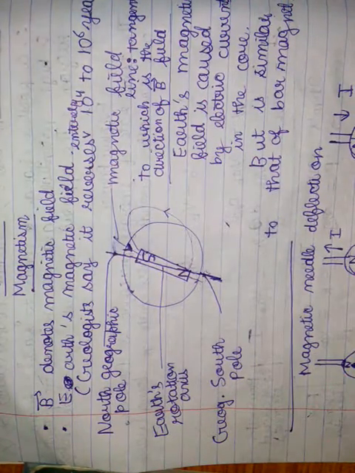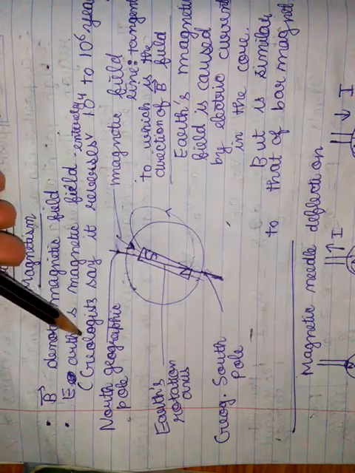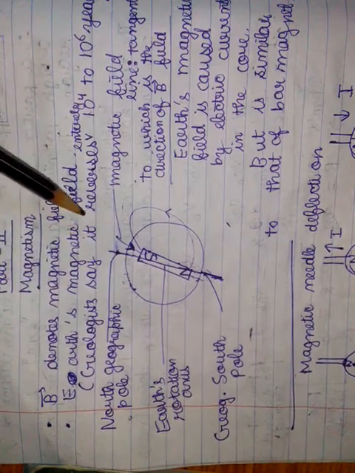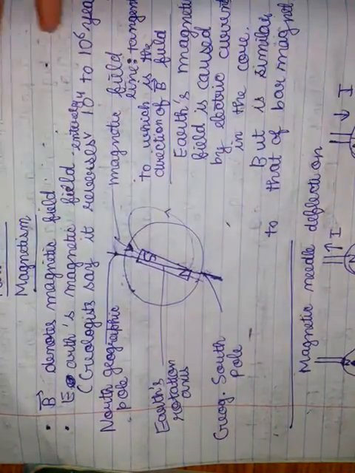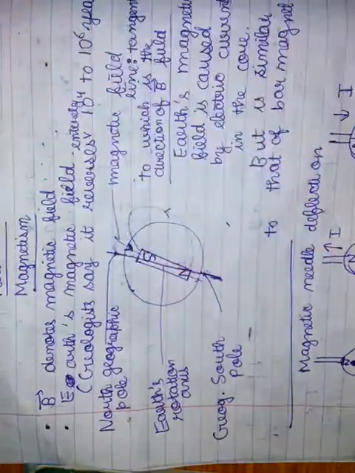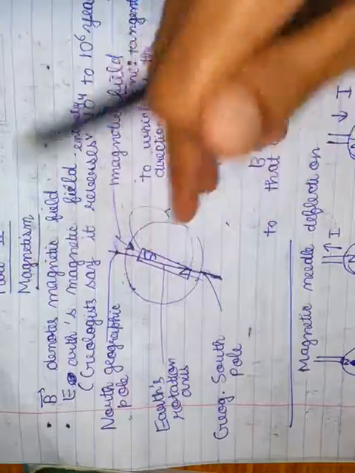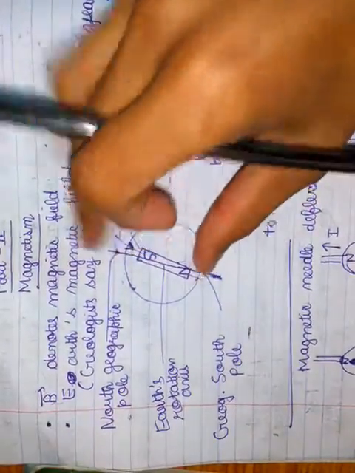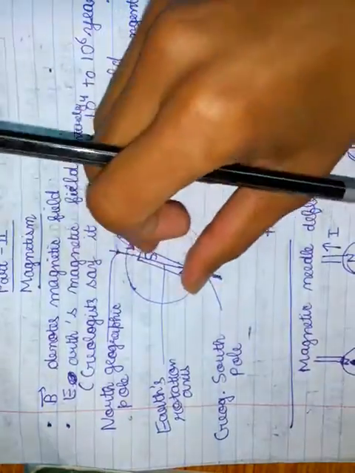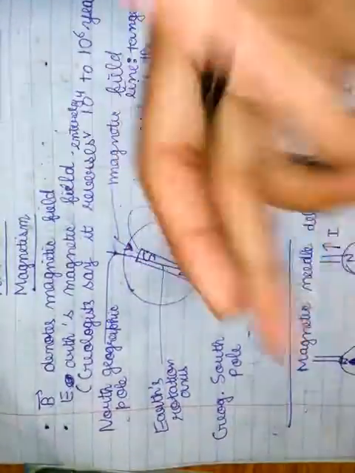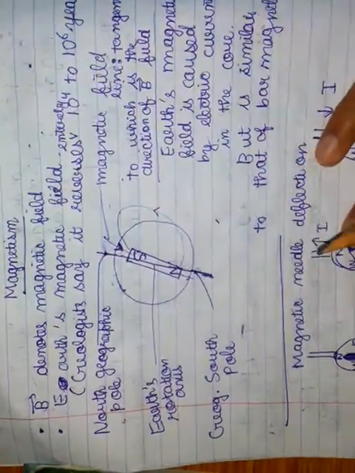Geologists say that the Earth's magnetic field entirely reverses every 10 to the power 4 to 10 to the power 6 years. It means that in this much time, a time will come when the north pole of the so-called magnet comes like this, and the south goes down.